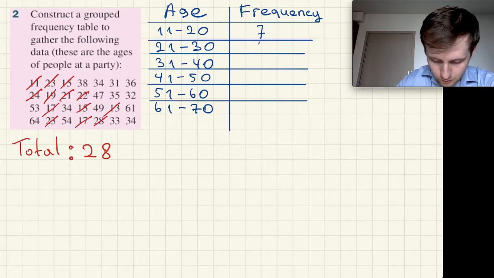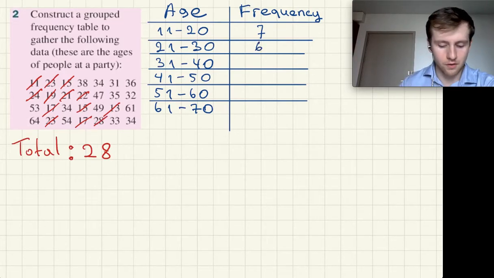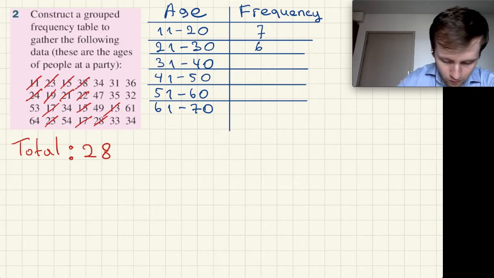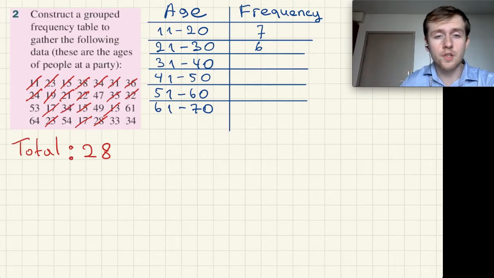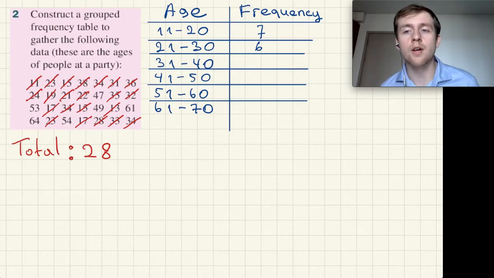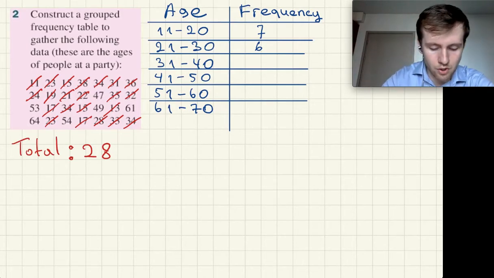So there is 6 between 21 and 30. 31 to 40. 1, 2, 3, 4, 5, 6, 7, 8, and then we get 9. So 9 people in this age category.